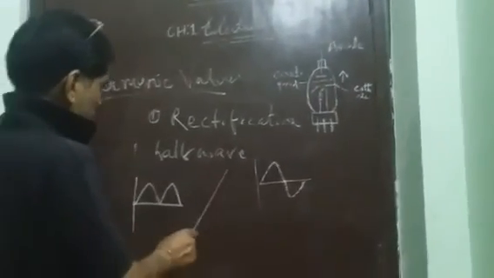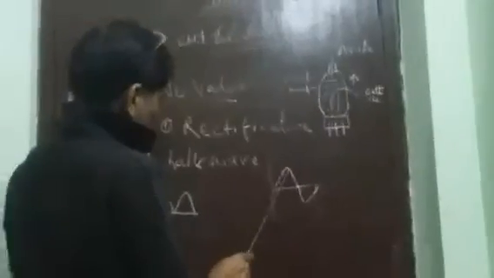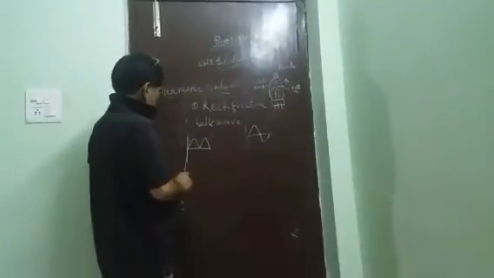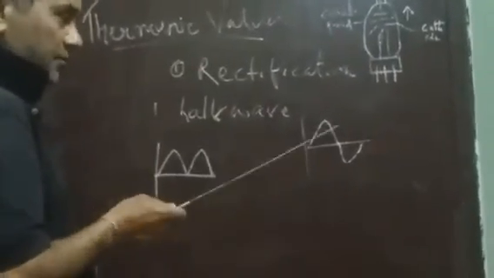One is half wave rectification, which means a sine wave rectification, and the second one is full wave rectification, which means a cosine wave rectification. So the first function of the valve is rectification of current from AC to DC.